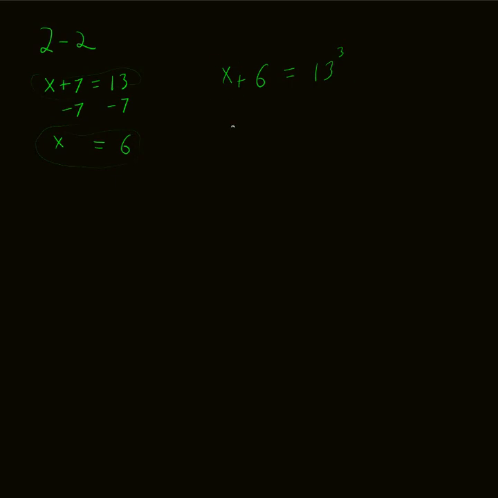So, for example, if I were to add 2 to both sides of this equation, x plus 6 plus 2 equals 13 plus 2. These equations are equivalent. There's a number of ways that you can test and verify they're equivalent.